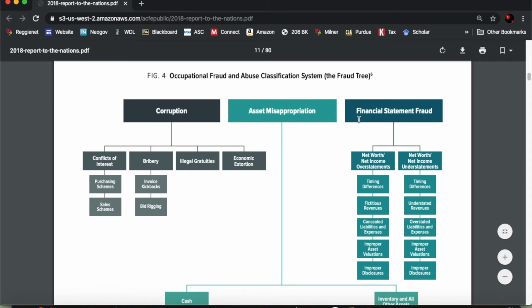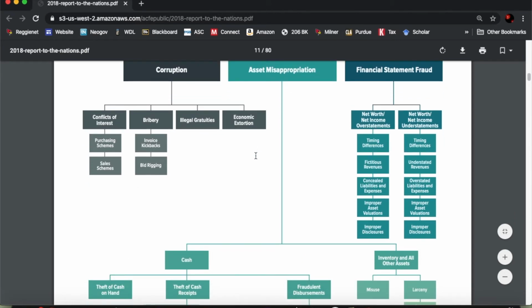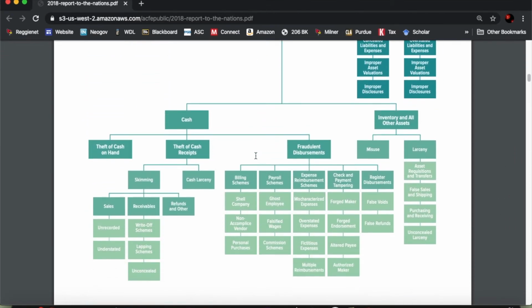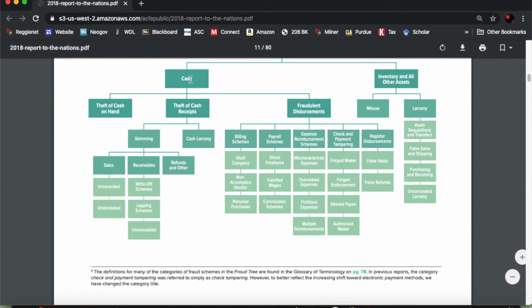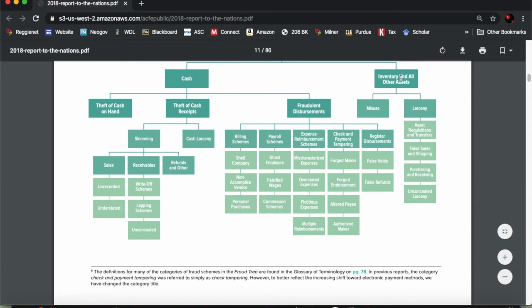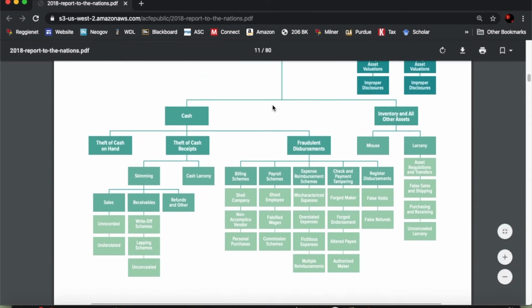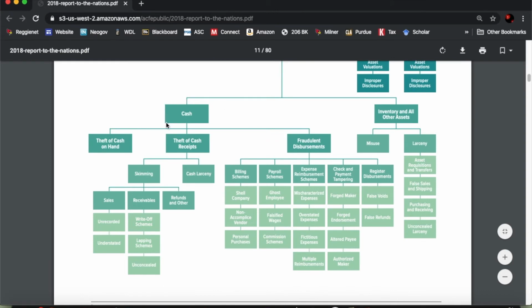They have these three areas of fraud, which we discussed already: corruption, asset misappropriation, and financial statement fraud. And within each of these, they talk about the different kinds. So within asset misappropriation, if we scroll down, we see that they have cash and inventory and other assets. So how do employees steal cash?